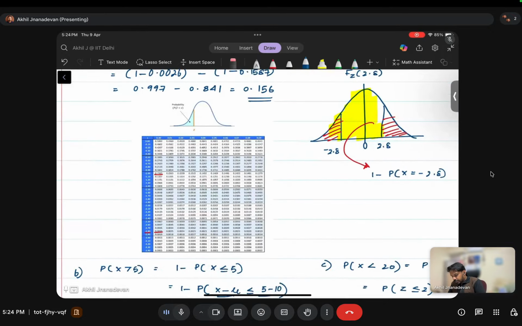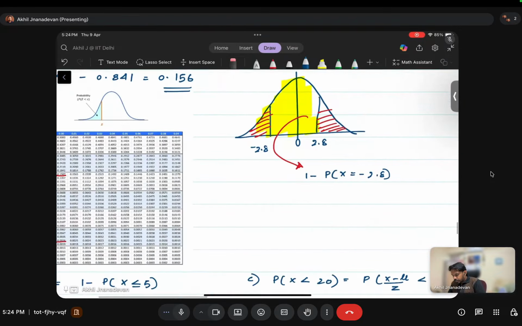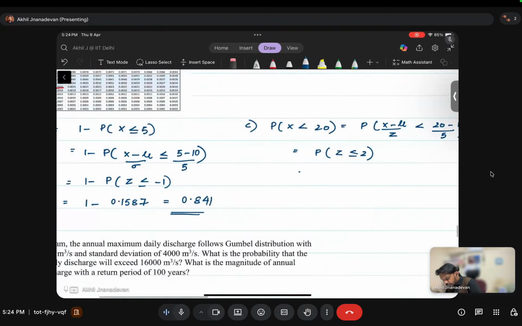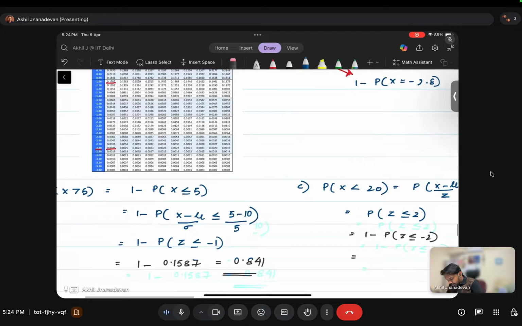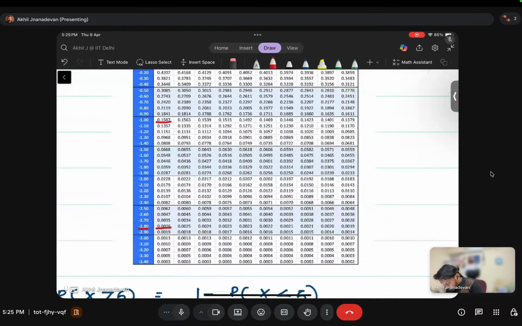So P of z less than or equal to 2. We can apply the same principle that we applied when we found it for 2.8, right? That will be nothing but 1 minus P of z less than or equal to minus 2. For minus 2, the value is around 0.0228.